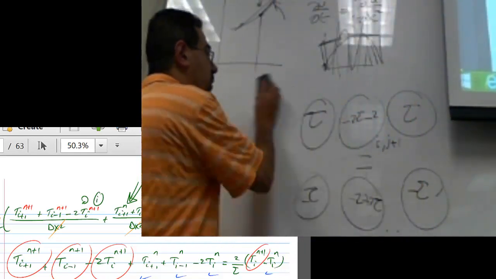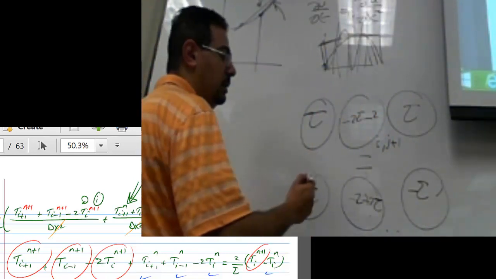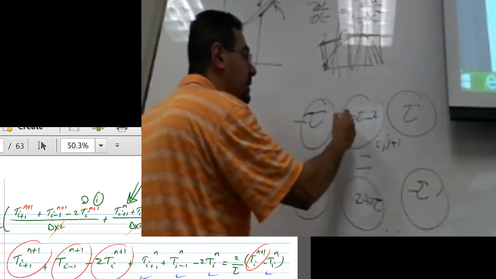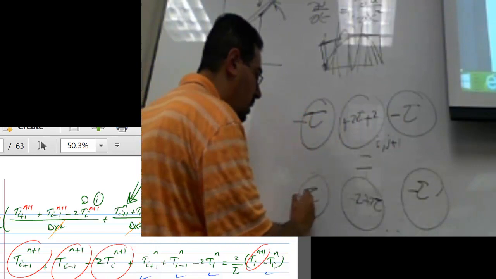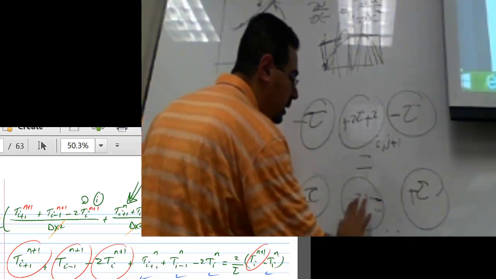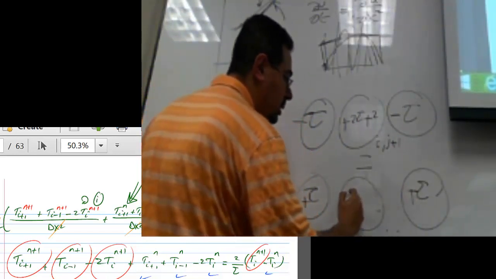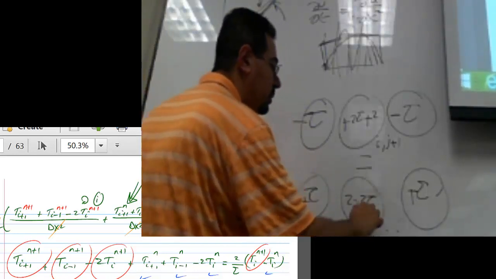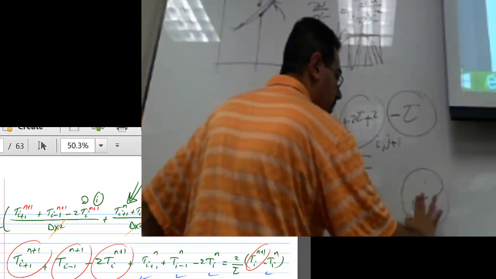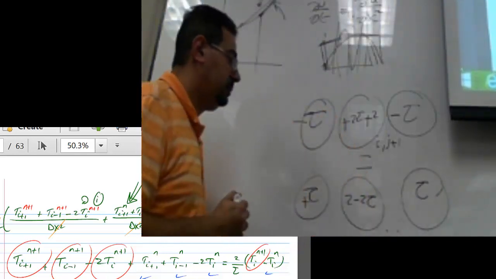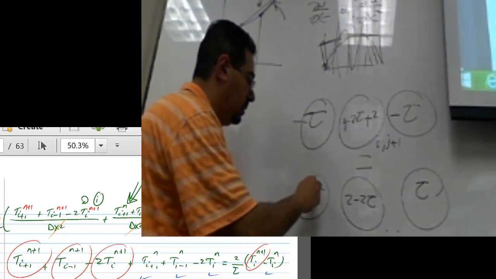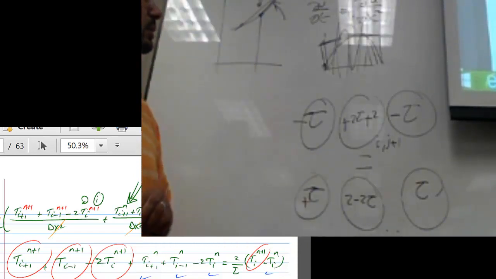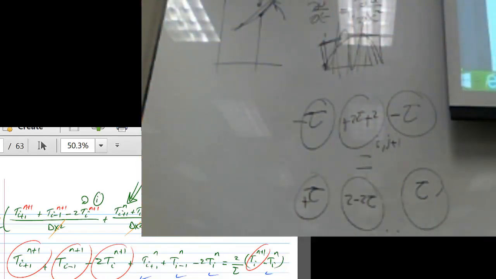And then it's a good idea to flip the sign. Let's flip the sign on all of them. So minus tau, plus tau, plus tau, minus tau, plus tau, plus tau, and this becomes 2 minus 2 tau. Right? I think it's correct. You work it out, but it will be something similar to this.